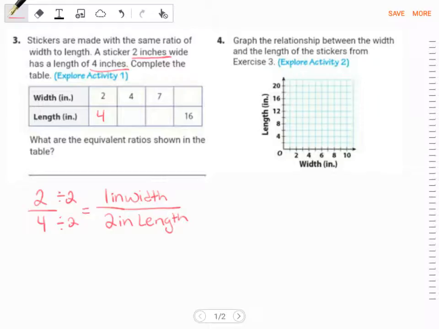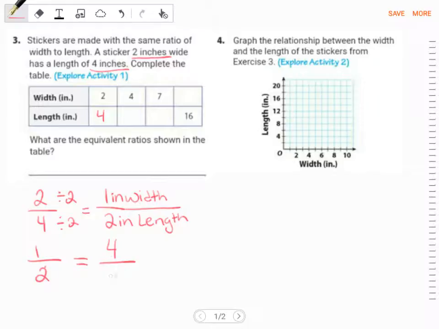What I set up right there is just a rate, okay? So we're saying there's 1 inch in width for every 2 inches in length. Now, if I want to use this ratio that I found right here, 1 to 2, in order to fill in the rest of my table, I can try to say I'm going to make an equivalent ratio, I guess probably would be the easiest way. And I know I want my top number to be 4.